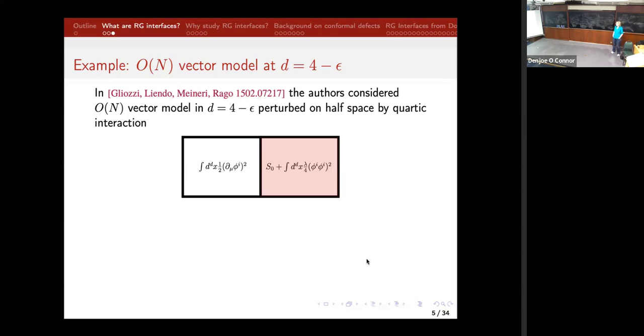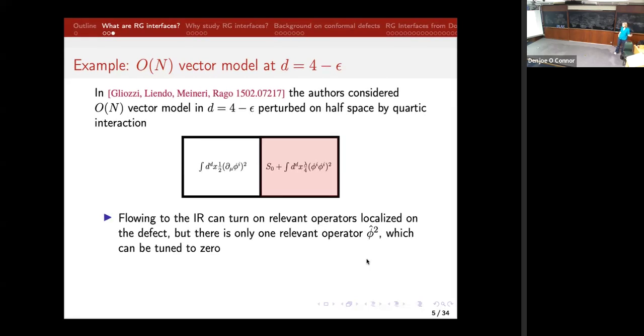So if you perturb this theory on half space with a quartic interaction, then flowing to the IR, you want to end up at this RG interface where you have free fields on one side and the weakly coupled Wilson-Fisher fixed point on the other side. But flowing to the IR can turn on relevant operators localized on the defect. In this paper, they argued, and I think they're right, that there's only one relevant operator.